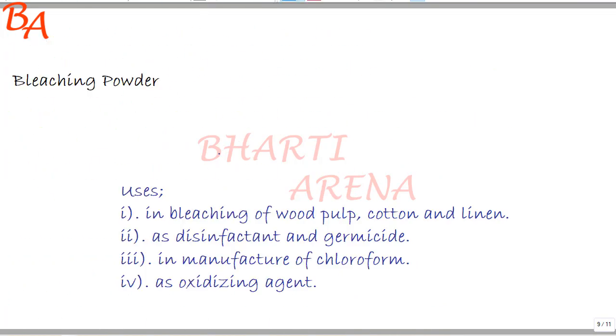Next salt is bleaching powder. Its chemical name is calcium oxychloride, and its molecular formula is CaOCl2. It is manufactured by the reaction of dry slaked lime with chlorine.